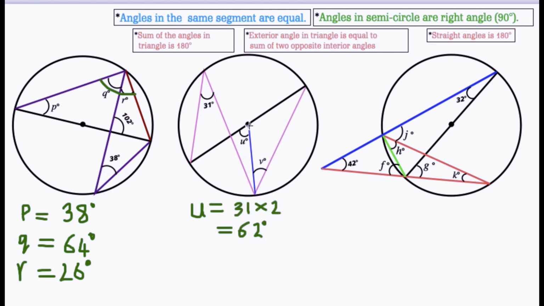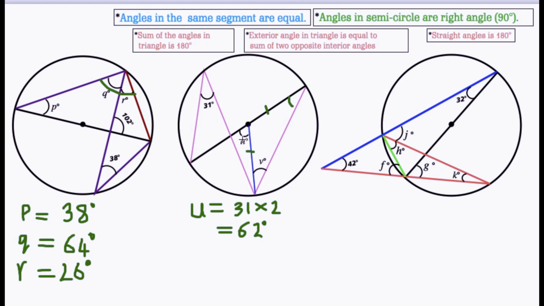Okay, this is the center of the circle, this is the radius of the circle, and this is the radius of the circle. This makes this triangle an isosceles triangle. The base angles of an isosceles triangle are equal, so if this angle here is V, this angle here is also V. Then U is the exterior angle of this triangle, and it is equal to the two opposite interior angles.